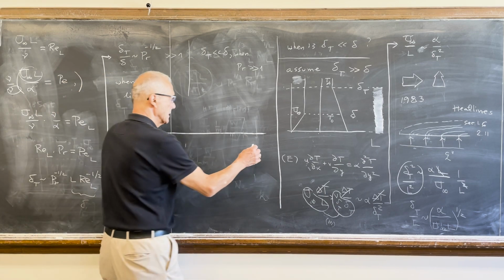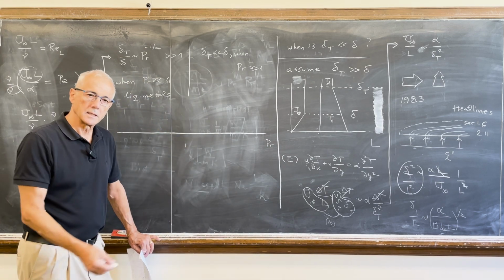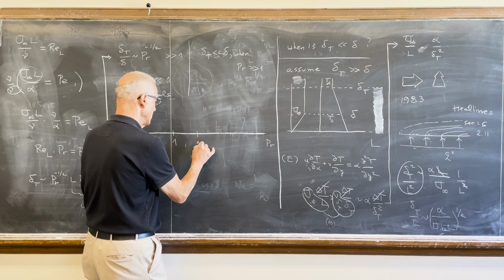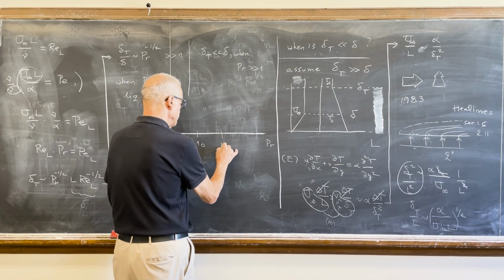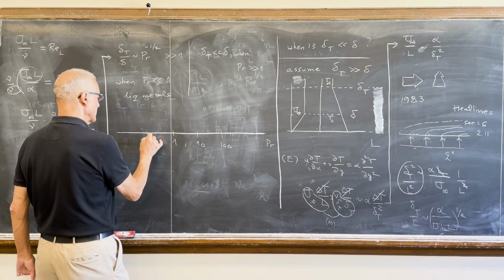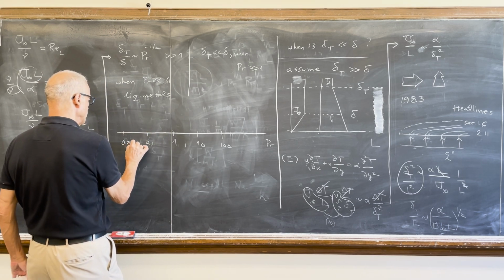The Prandtl number, let's call it the scale, logarithmically. So it's 1 here, and then 10, and 100, and so on. And in this other direction, 0.1 and 0.01.